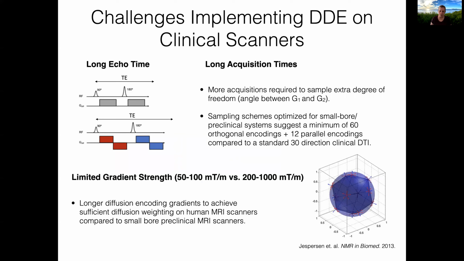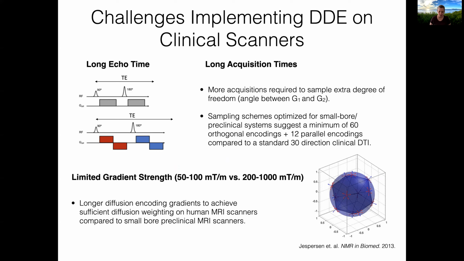And lastly, the more limited gradient strengths of human scanners compared to small bore scanners, although we've seen some advances, are still somewhat limiting for this type of encoding and require longer diffusion encoding gradients in order to achieve sufficient diffusion weighting. And that just results in additional signal decay. So in this part, we'll look at ways that each of these challenges is being tackled.